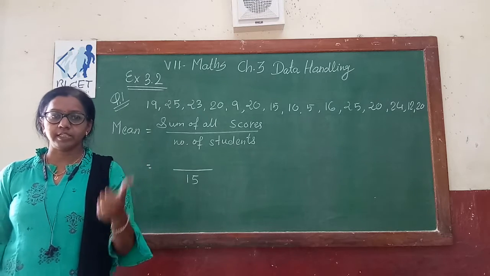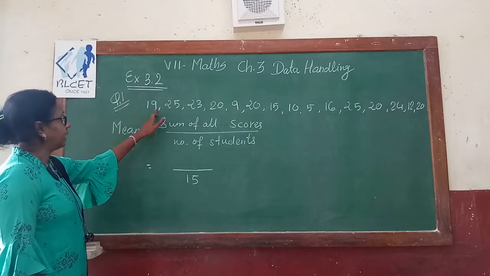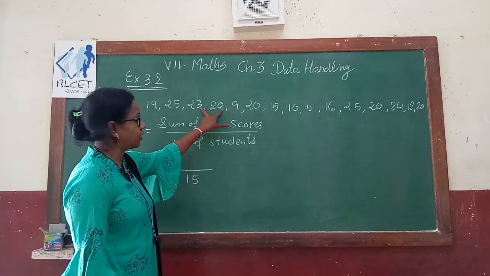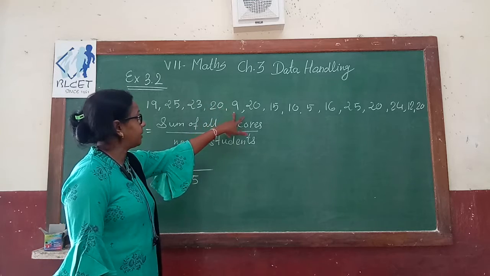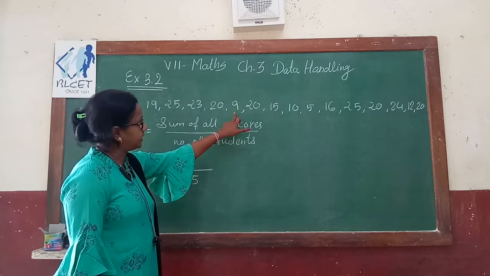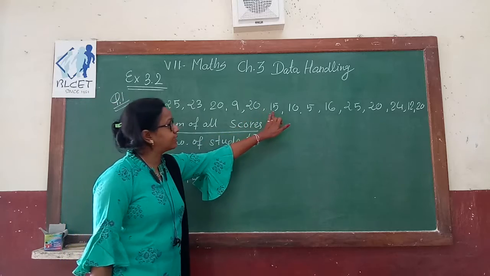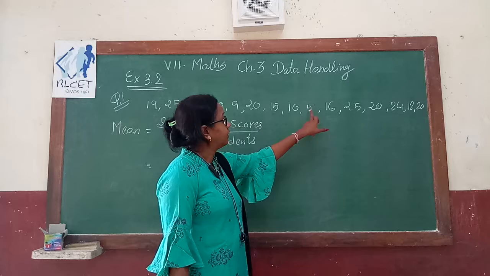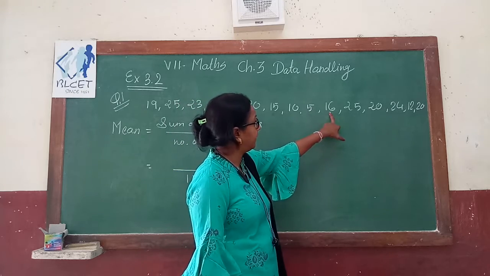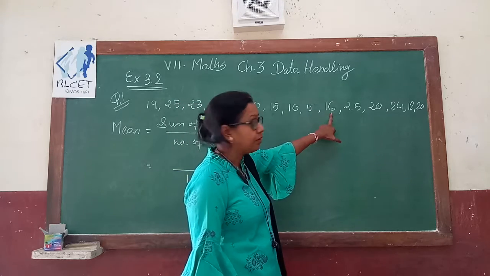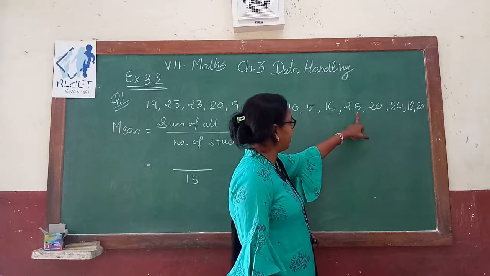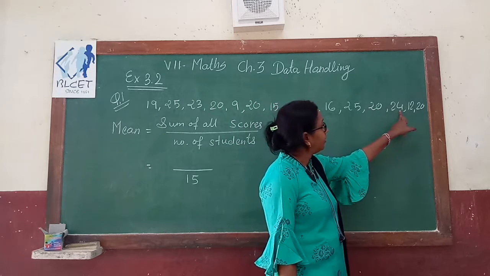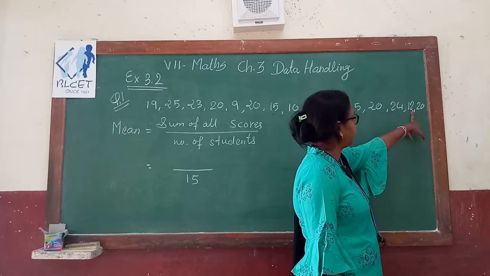So how do we do it? We take the ones place first. 9, 9 plus 5 is 14, 14 plus 3 is 17, 17 plus 0 is 17, 17 plus 9 is 26, 26 plus 5 is 31, 31 plus 5 is 36, 36 plus 6 is 42, 42 plus 5 is 47, 47 plus 4 is 51, 51 plus 2 is 53.